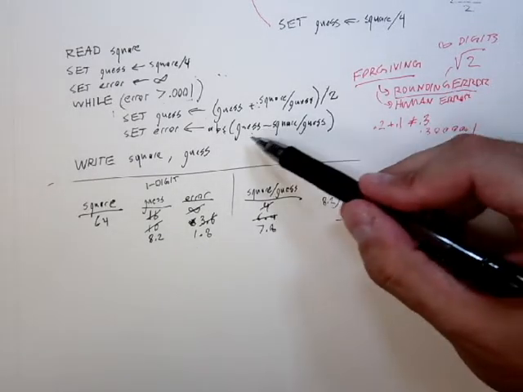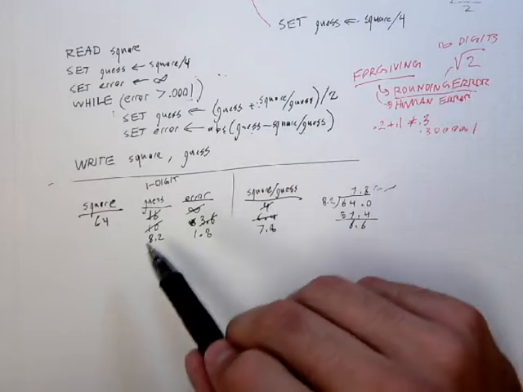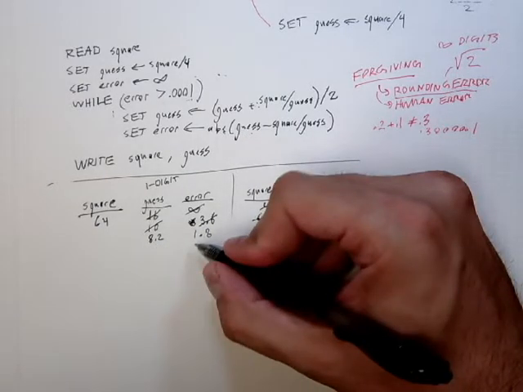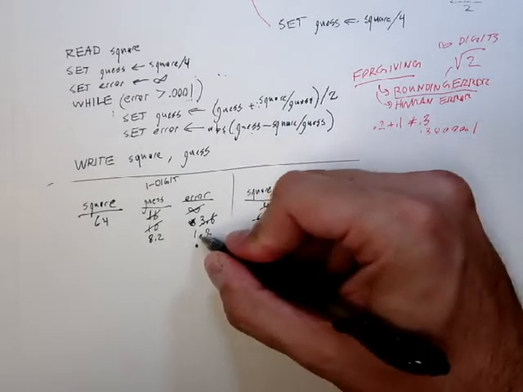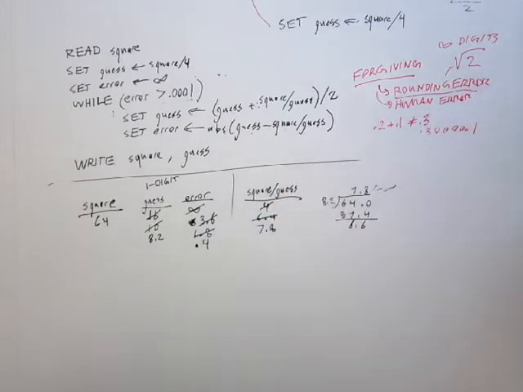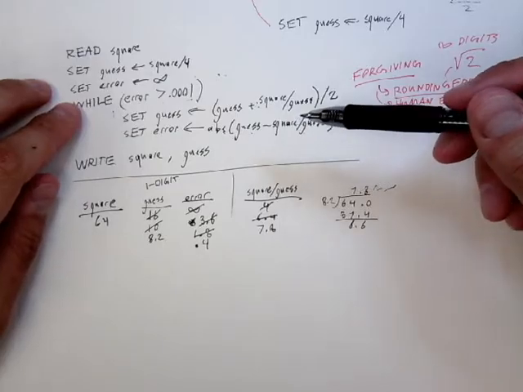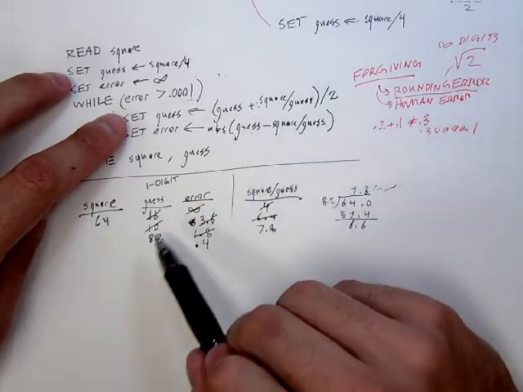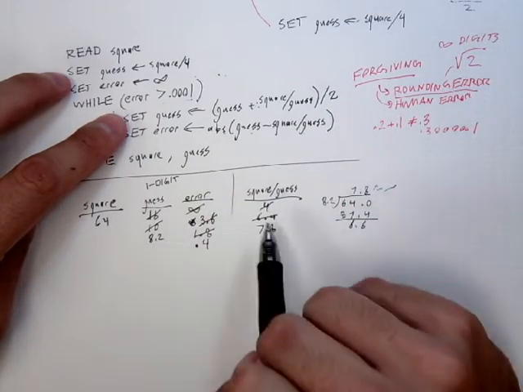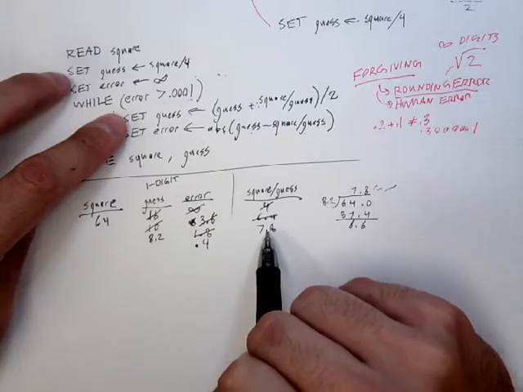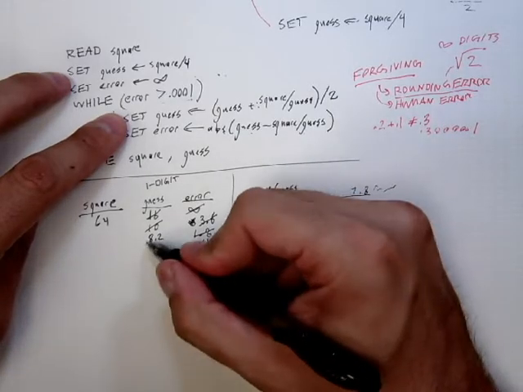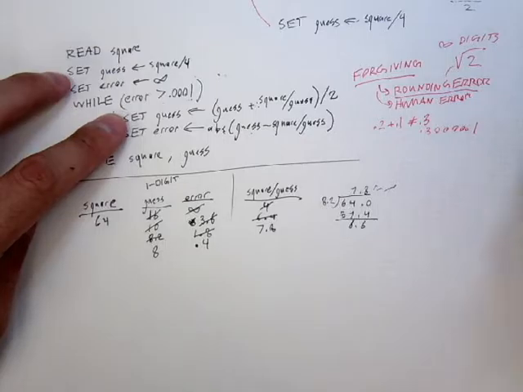My error is going to be the absolute value of this minus this, which is 0.4, and that's bigger than my tolerance, so my new guess is going to be halfway between guess and square over guess, which is 16 divided by 2 is 8.